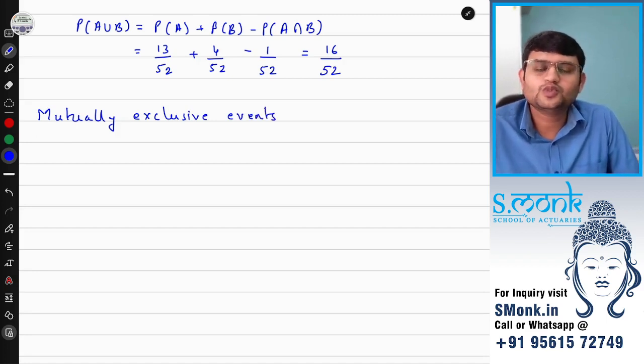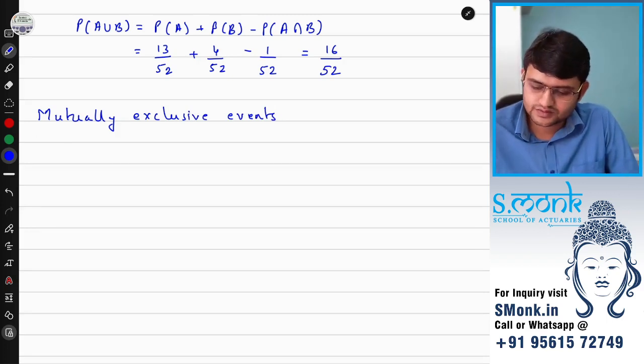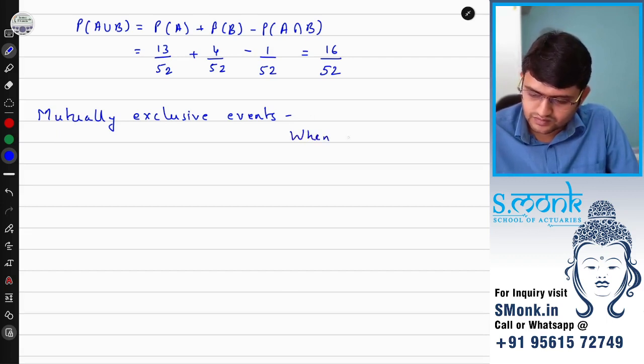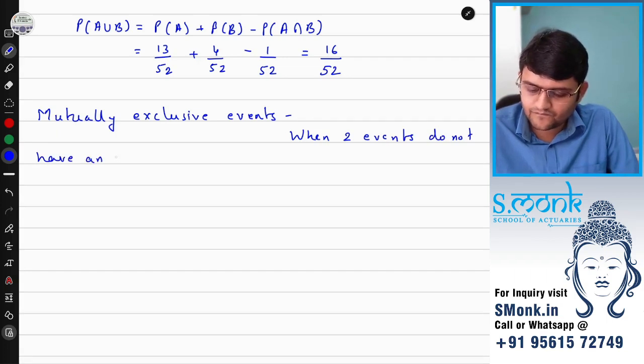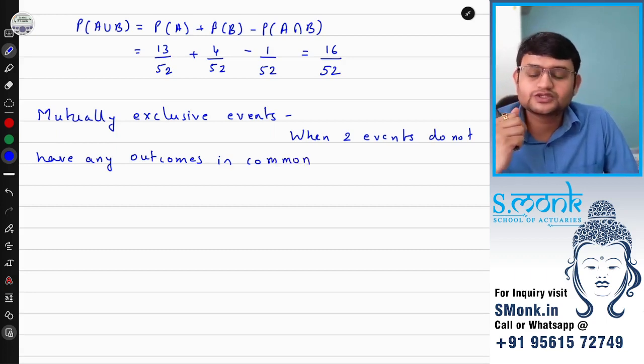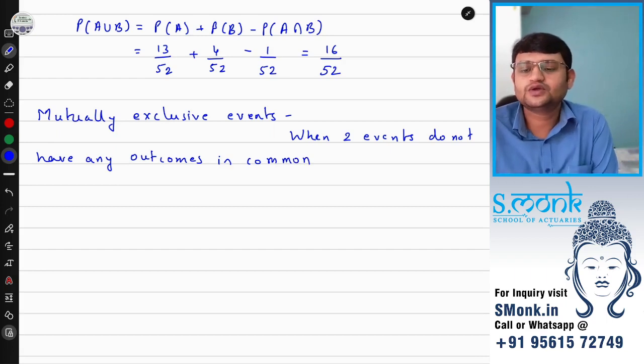So first, we are talking about mutually exclusive events. Mutually exclusive events are events when two events do not have any outcomes in common.